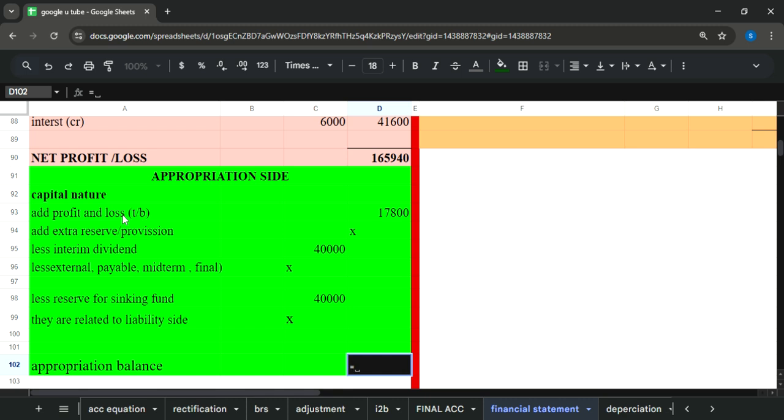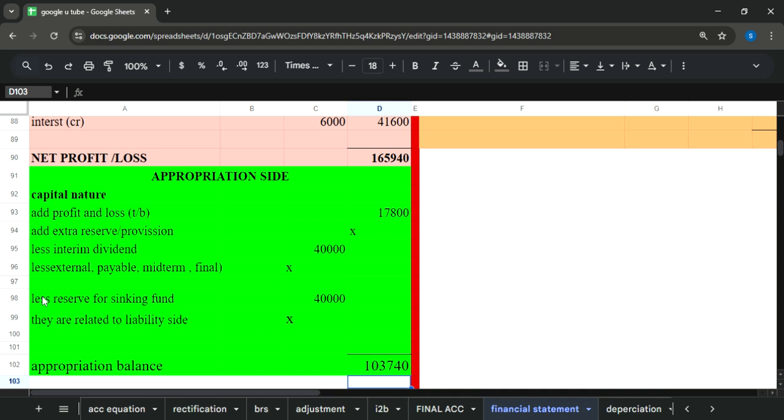So first we will add these two amounts, 165 plus the profit loss given, and all remaining amounts would be subtracted. There are two amounts, and both amounts would be subtracted. So guys, we have got 103740.